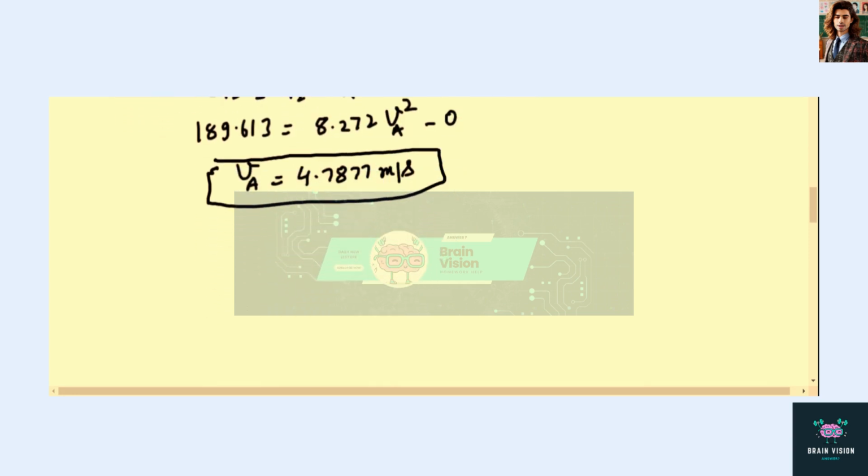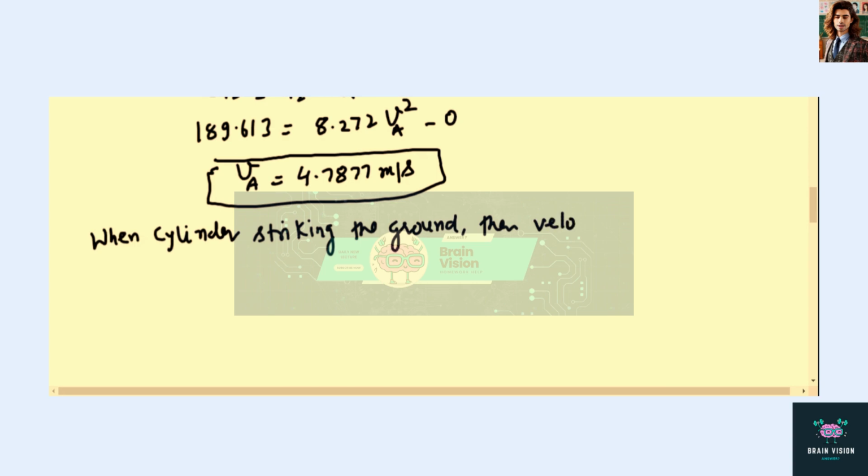Now when the cylinder is striking the ground, then velocity of block B, that would be Rv upon Ra into velocity of A by equation 1.